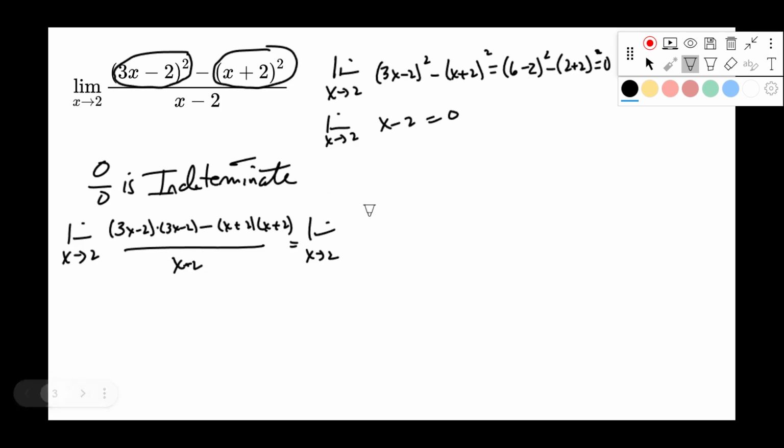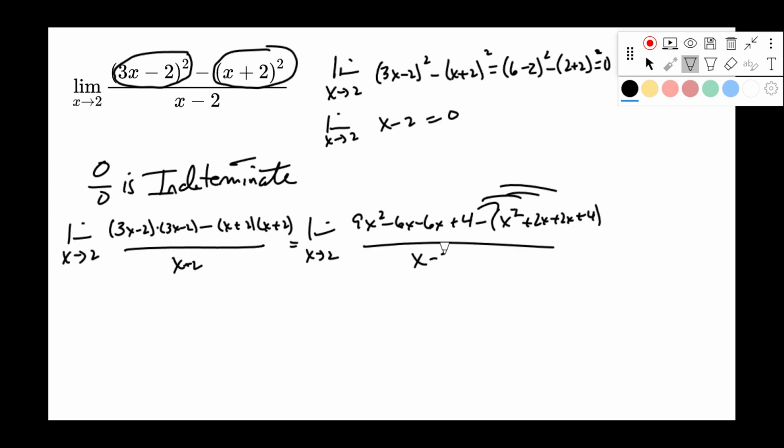Here we go. So we got 9x squared minus 6x, another 6x, plus 4 minus, now I'm going to put the second half in parentheses because I'm going to have to subtract everything that I see on the right-hand side. So it's x squared plus 2x plus another 2x plus 4. Distribute the negative, still over x minus 2.